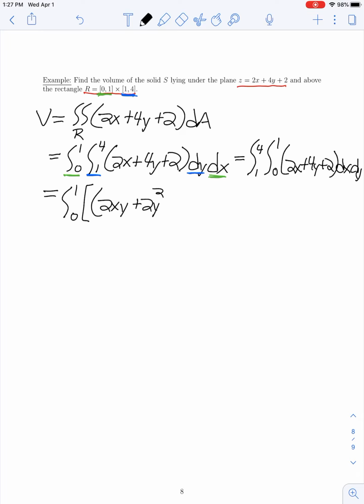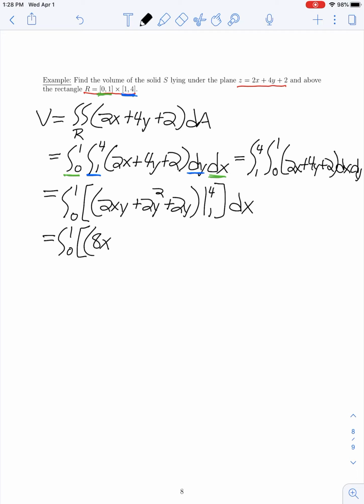Our outer integral is from 0 to 1, and the antiderivative of our function with respect to y will be 2xy plus 2y squared plus 2y, where we evaluate from y equals 1 to 4, and then integrate with respect to x.